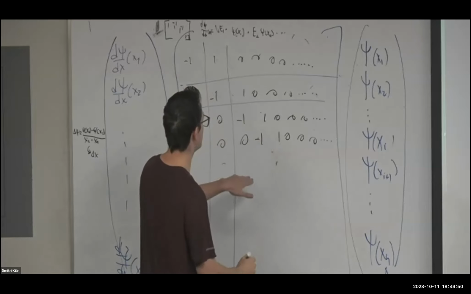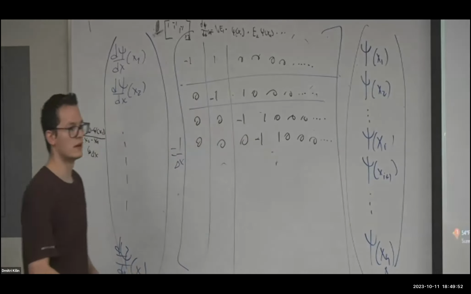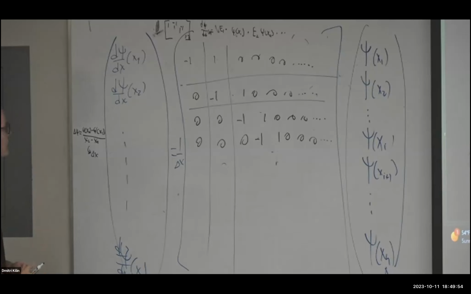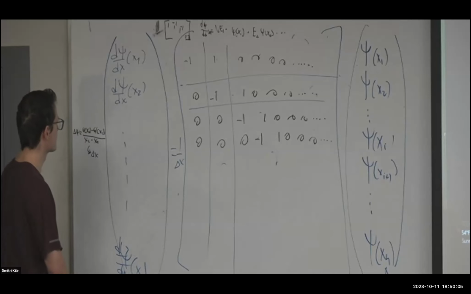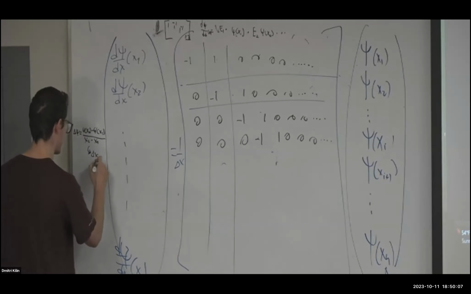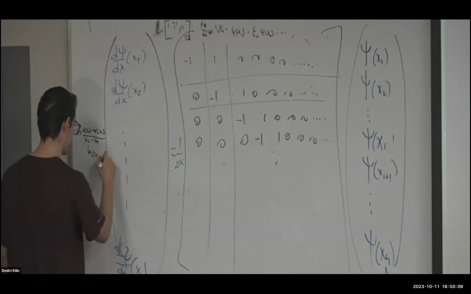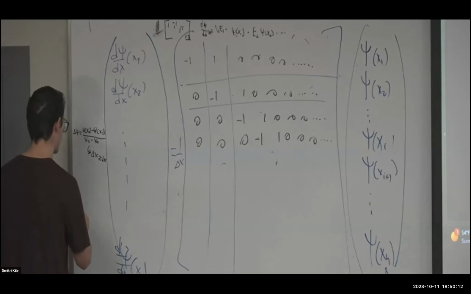So negative 1s diagonal flanked by 1s. Okay, and then we're multiplying that by 1 over delta x as well, and we're getting a resultant vector. The vector that we're multiplying by is the wave function at different positions.